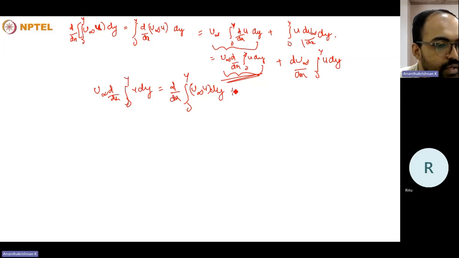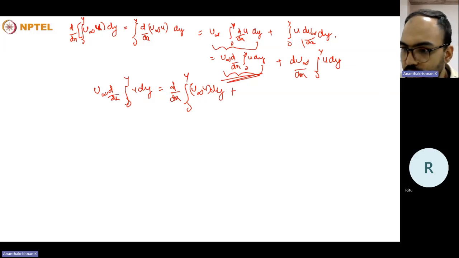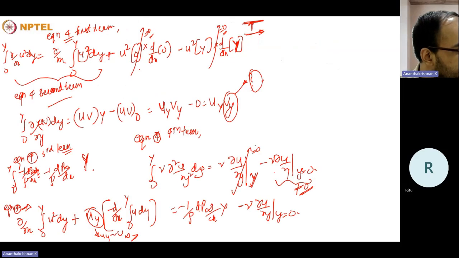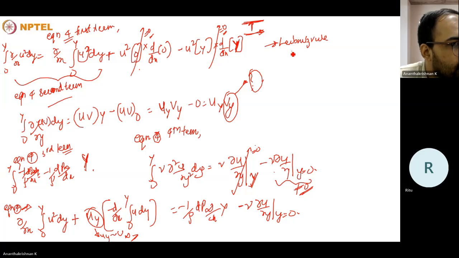That's what I was discussing, right? It's the Leibniz rule, which we have to follow. If you want to calculate an integral of a derivative, it will be equal to the derivative of the integral, plus the value of u squared at the upper limit multiplied by the derivative of the upper limit, minus the value at the lower limit multiplied by the derivative of the lower limit, d0 by dx.